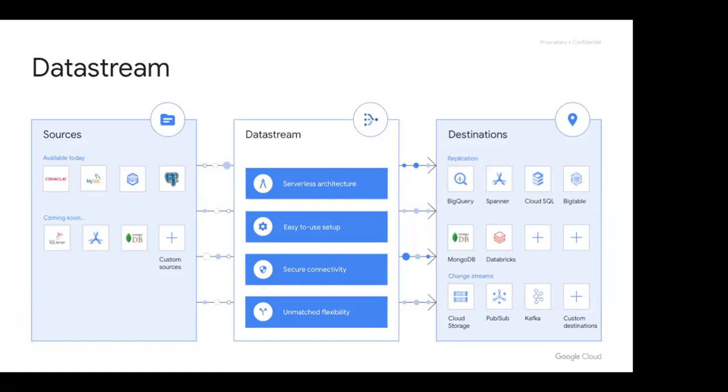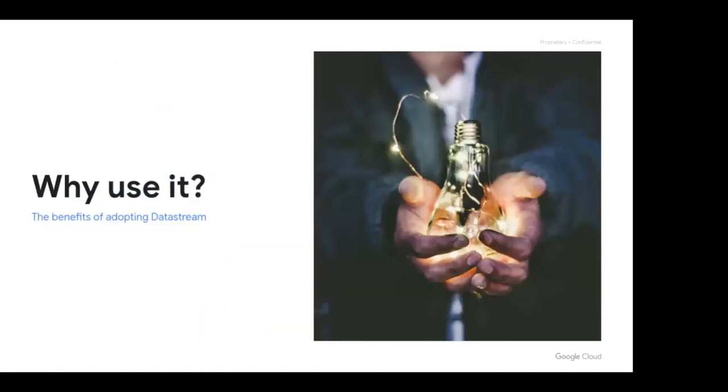You connect your source and target, and you're good to go. Easy to use setup, secure connectivity, and then unmatched flexibility. Now, something that internally we are working on is support for SQL Server, Spanner, MongoDB, and some other sources that will be supported. From a destination perspective, today you can write into BigQuery, Spanner, Cloud SQL, and Bigtable, and then more databases will be supported down the line.